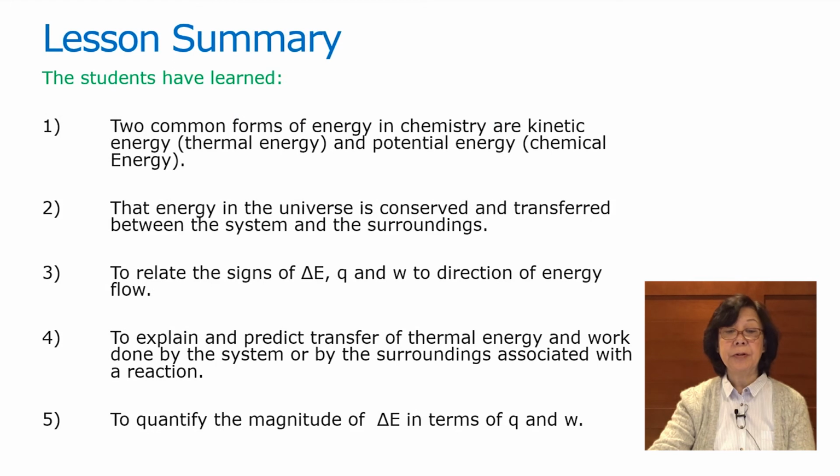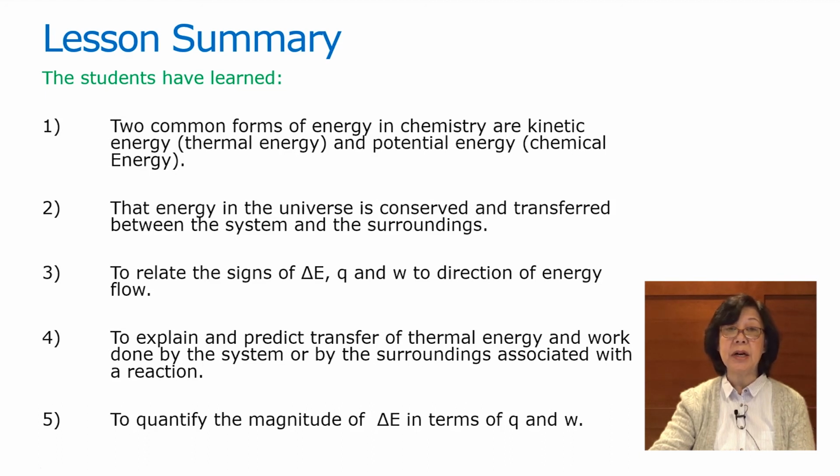To sum up what we have learned today, we learned 2 common forms of energy in chemistry, and they are the kinetic energy, which is thermal energy, and potential energy, which is chemical energy. We learned that energy in the universe is conserved and transferred between the system and the surroundings.